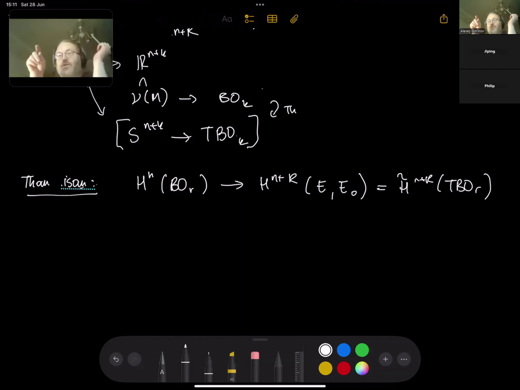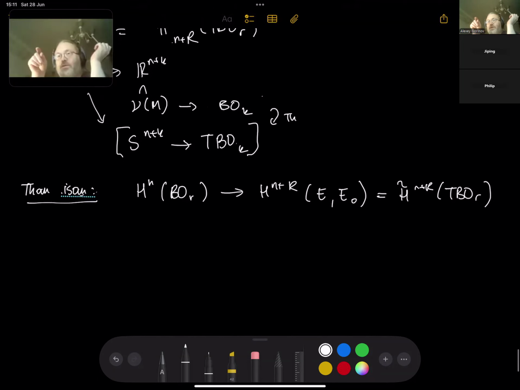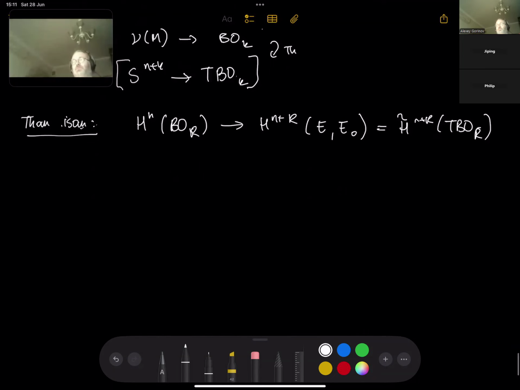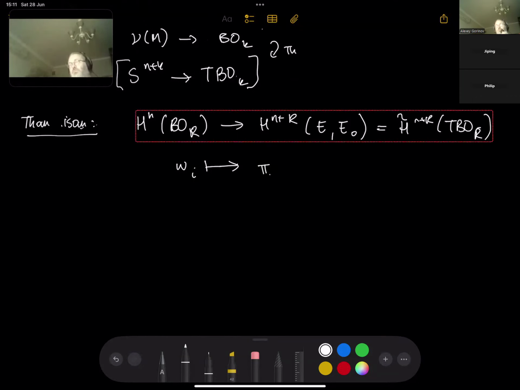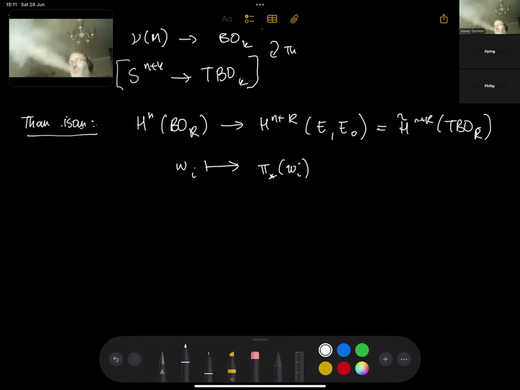This time it is the same R, both on the left and on the right. What it does is it maps a Stiefel-Whitney class to the push forward of the projection, cup the Thom class.